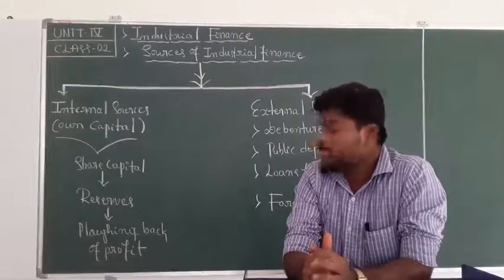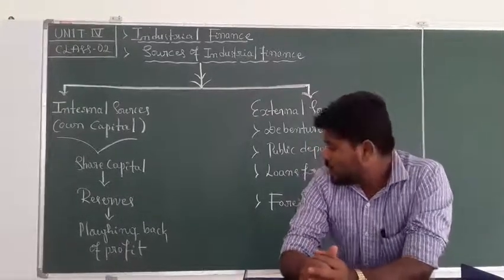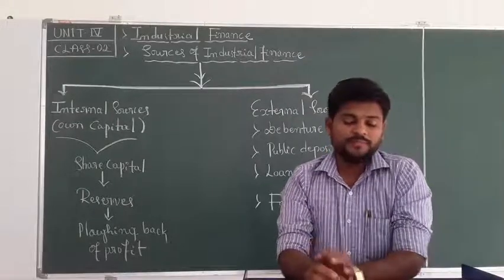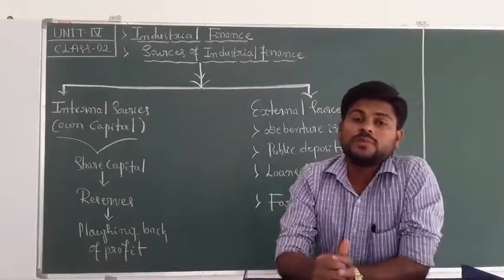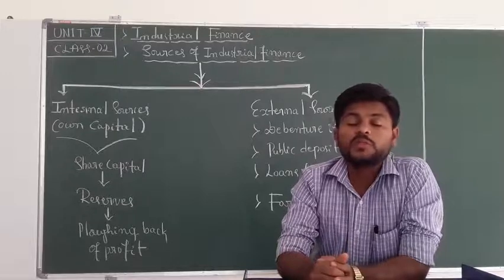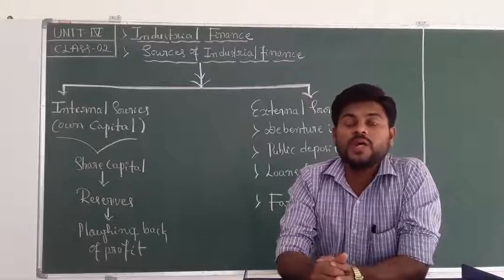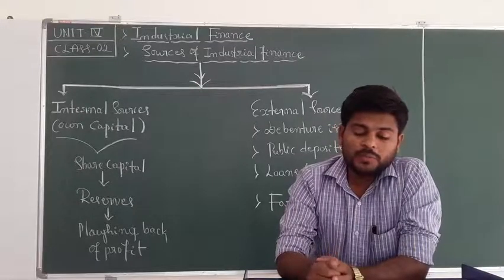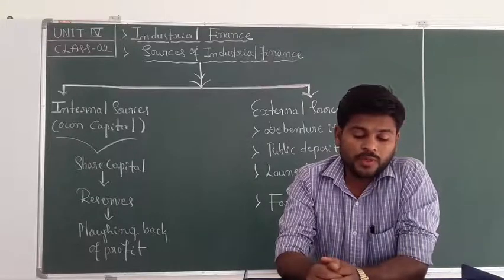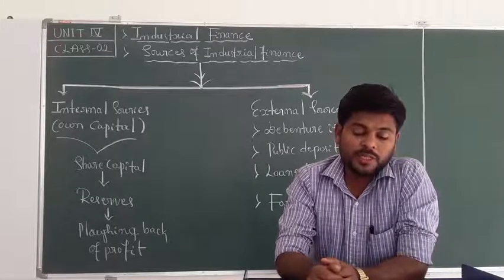And the next one is plowing back of profit. See, it is also one of the important internal sources of industries or companies. A part of the profit is used for further development or expansion of a business.